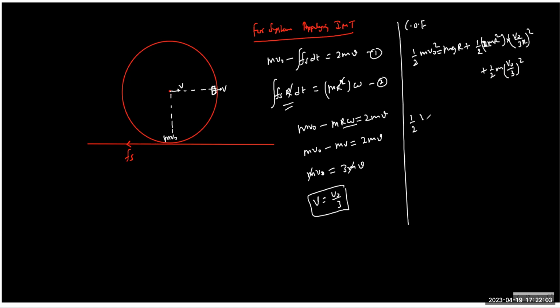So half MV0 square, just take the calculation. This is right. 3 by 18, 6 by 6. How much is this?